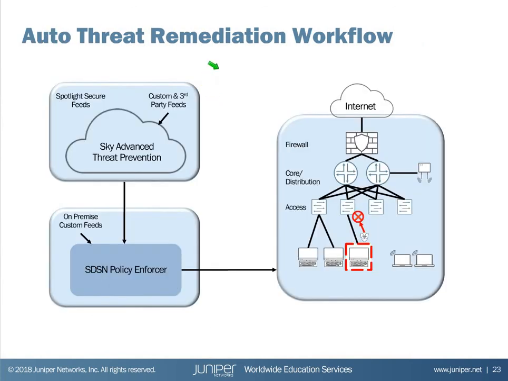So what we like to do is be able to automate the remediation of types of threats, and this is where our good friend Policy Enforcer comes into play. We already talked about it's capable of deploying security settings automatically to platforms in your network, and what it can do is leverage external knowledge.